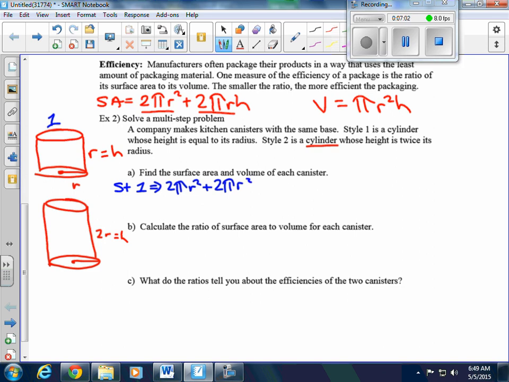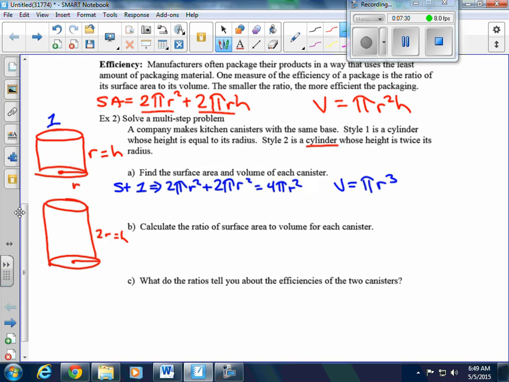In this case, it's 4 pi r squared. That's the surface area. If we look at the volume, it's pi r squared h, and so that is going to be pi r cubed.